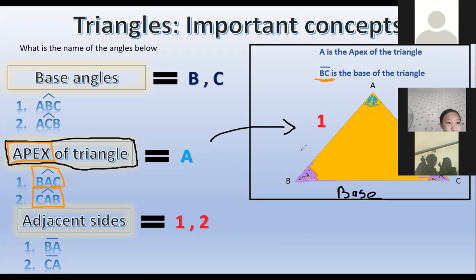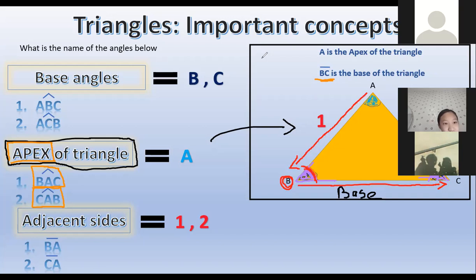So how do we write them? How do we find out if that is correct? First, we move from the apex down to the baseline, A to B. This is part of the baseline of our triangle. And then we move across the baseline to C. And then we talk about angle B for the first one.